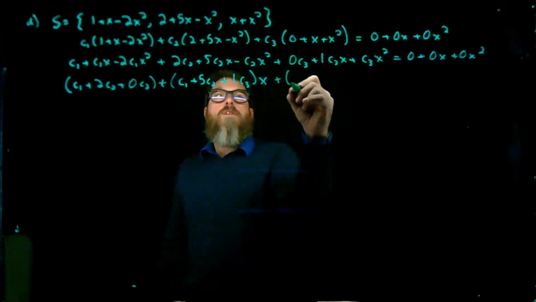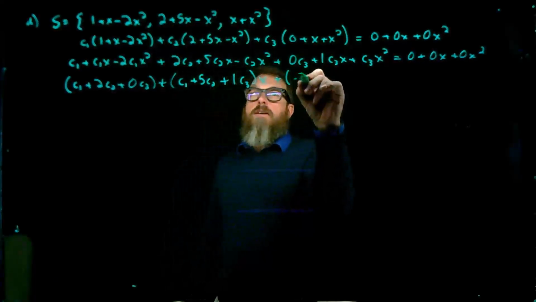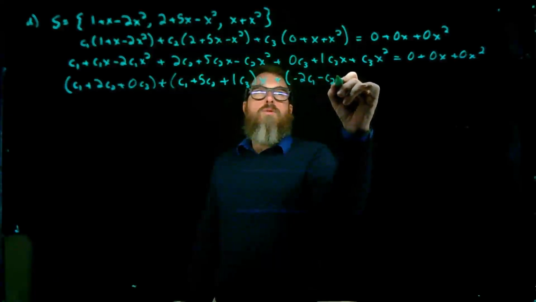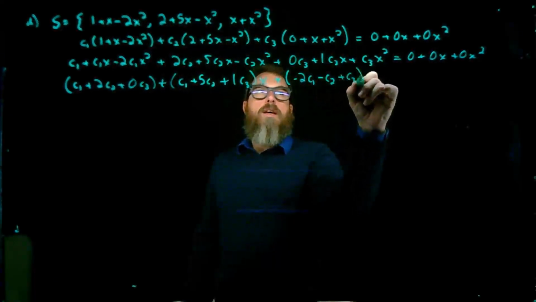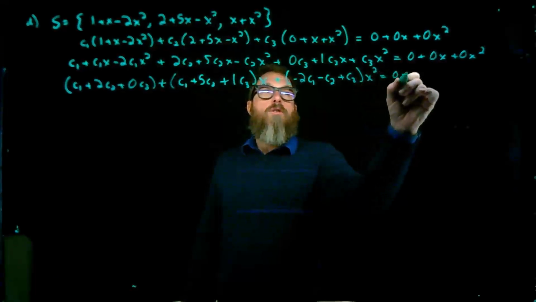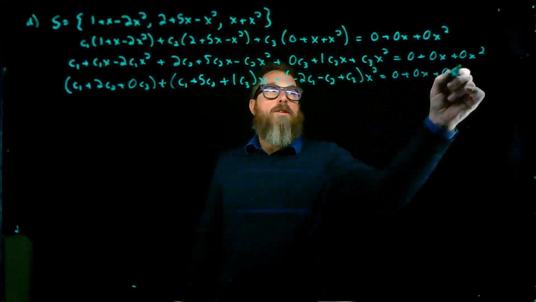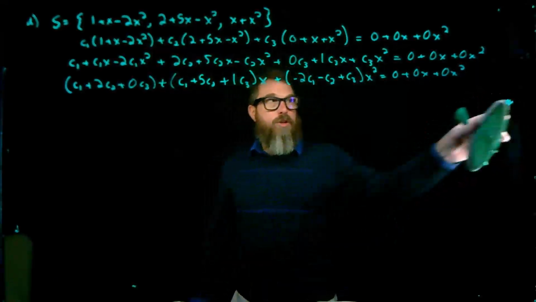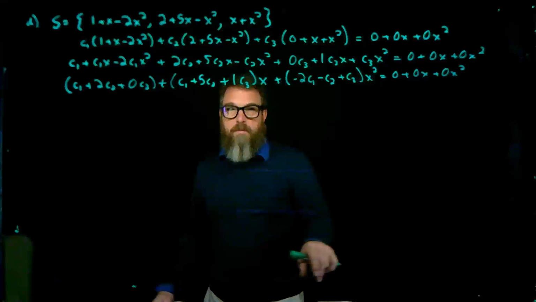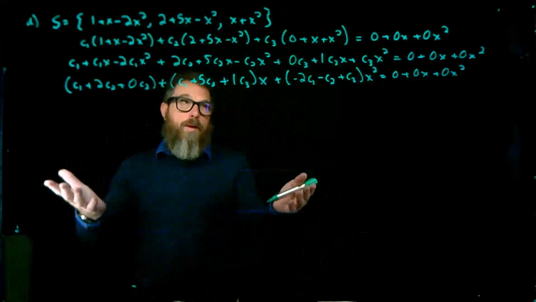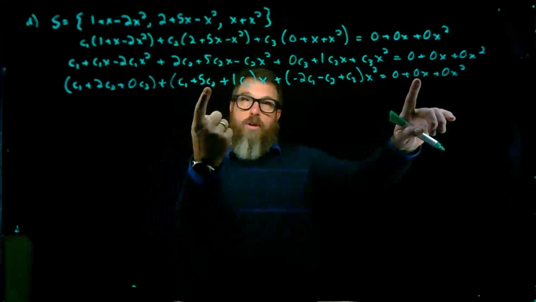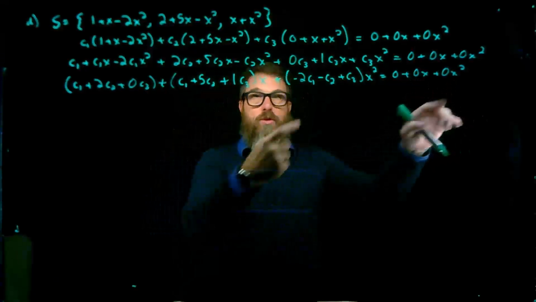And then similarly for the quadratics, I have minus 2C1 minus C2 plus C3, and all of those are x squareds, and 0 plus 0x plus 0x squared. Okay, so what we are trying to really show here is, when are these things equal? When polynomials are equal, the constant will be equal to 0, the linear term will be equal to 0, and also the quadratic term will be equal to 0.